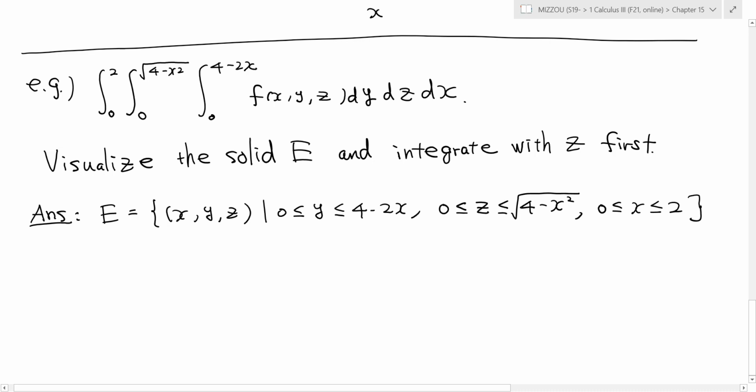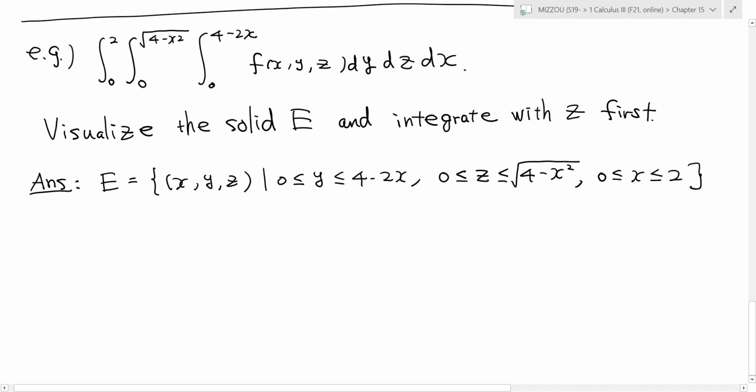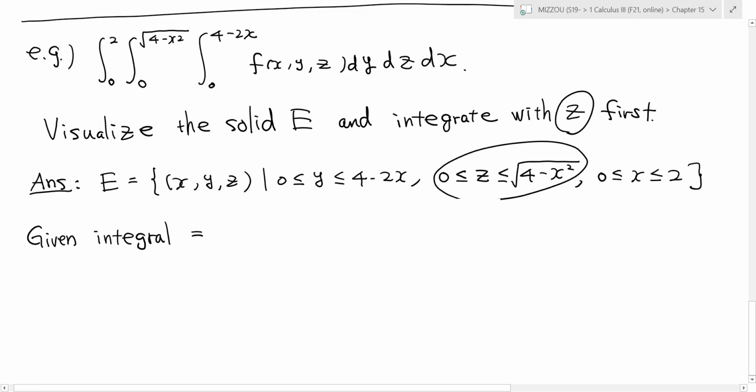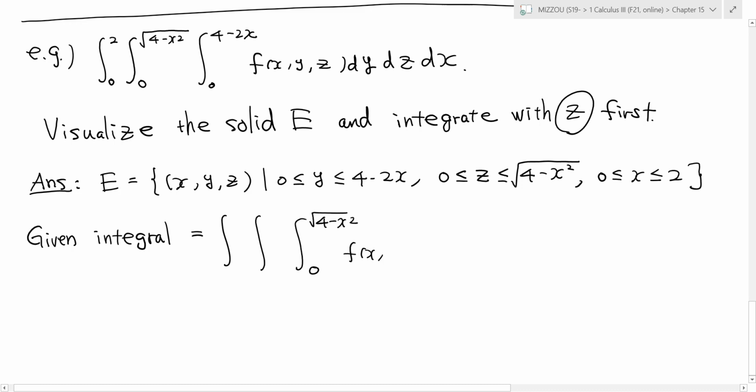Okay, and so therefore, what's the given integral? The given integral is, well, if you integrate with z first, you take care of this variable first. And then z is from 0 to root of 4 minus x squared, and we have some integrand, and then dz.